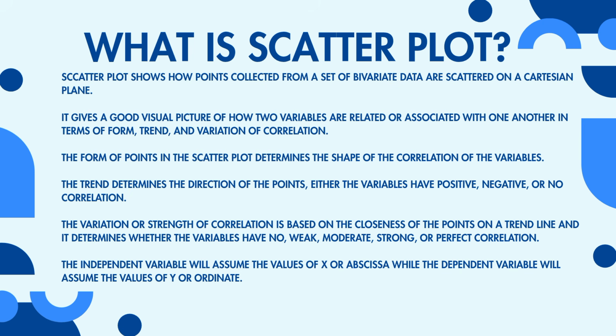It helps us understand the trend or direction of the data, positive, negative, or no correlation, and the strength of the relationship based on how close the points are. The independent variable is placed on the x-axis, while the dependent variable is on the y-axis. In short, a scatterplot helps us easily see patterns and relationships between data.